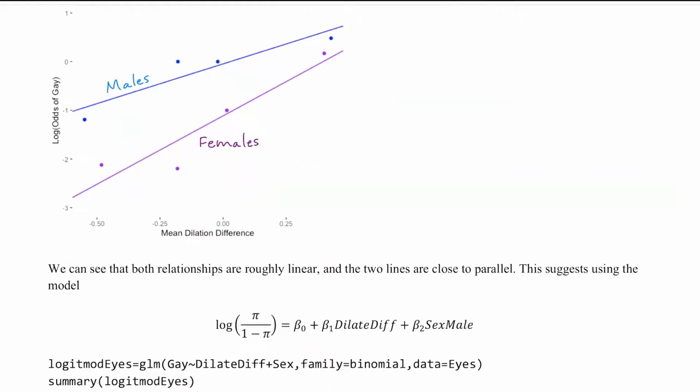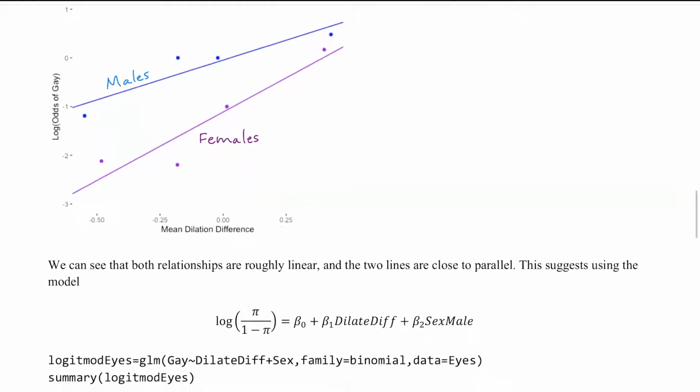Okay, so based on that, we can create the plot here. I don't have a legend, but the males are in blue and the females are in purple. What we see by looking at this plot is that the male and female lines are not exactly parallel, but they're close to being parallel.